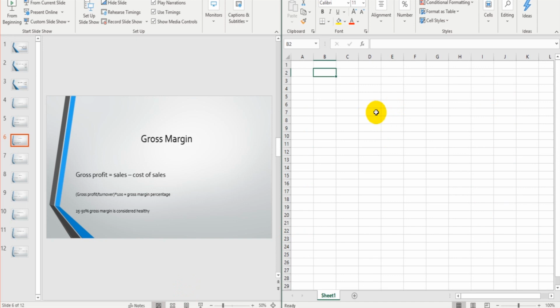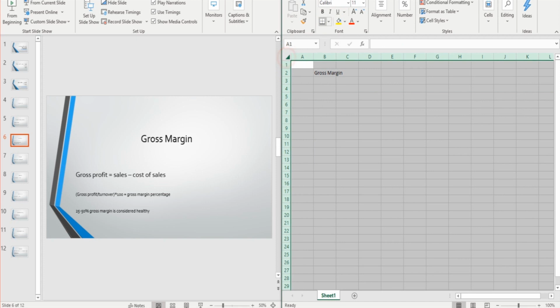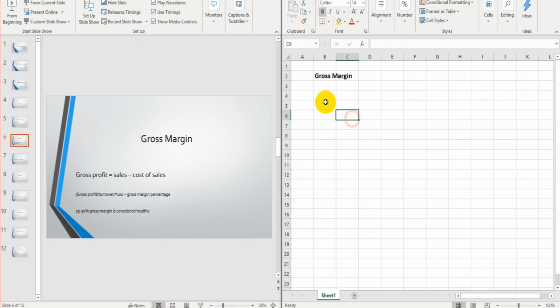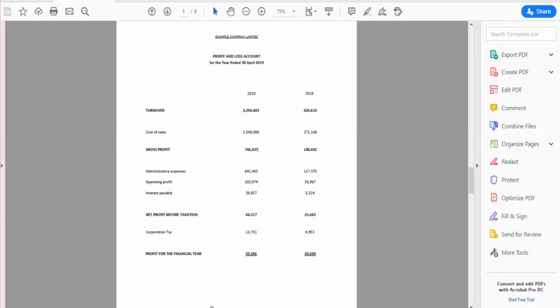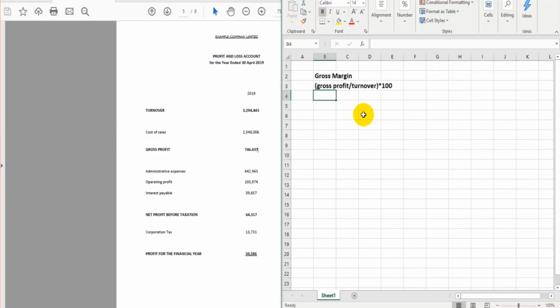So let's bring up the notes here and let's type this out. If you've got pen and paper, then please follow along. So if we do gross margin, and what I can do is make this a lot bigger, just so it stands out on the video. So gross margin, it's gross profit divided by turnover, or sales, or revenue, times by 100. Okay, so if we bring up the set of accounts, I can bring up my notes at the same time.